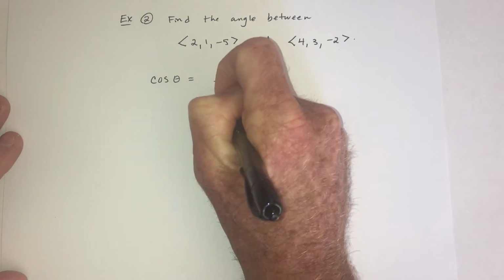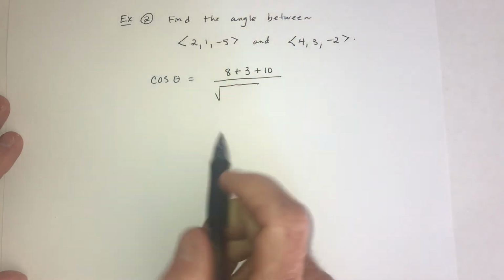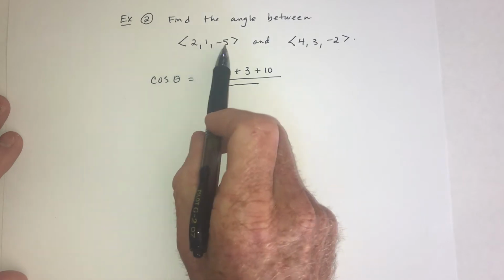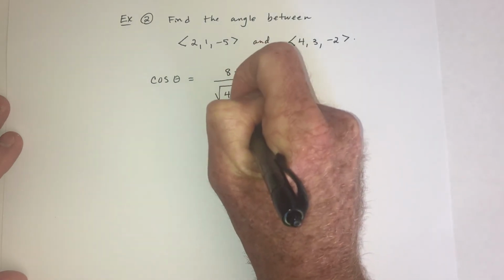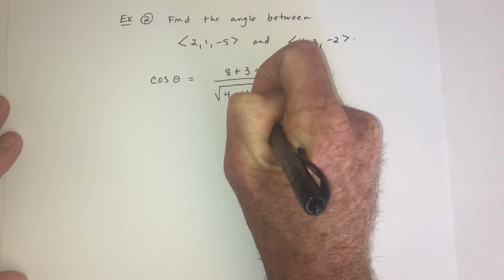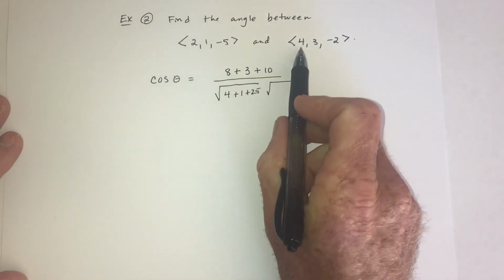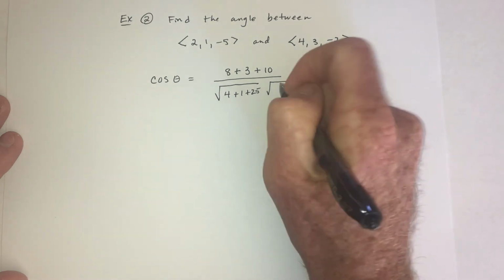And now find the length of each vector. So square each component. So this would be a 4, a 1, and a 25. This would be a 16, a 9, and a 4.